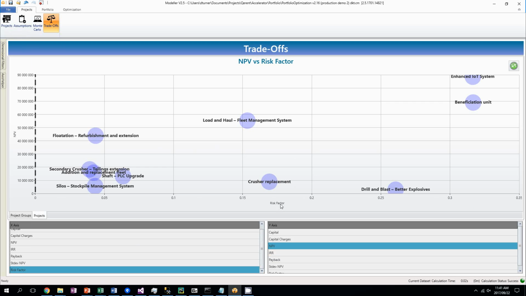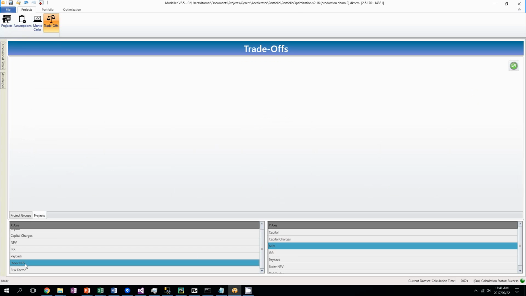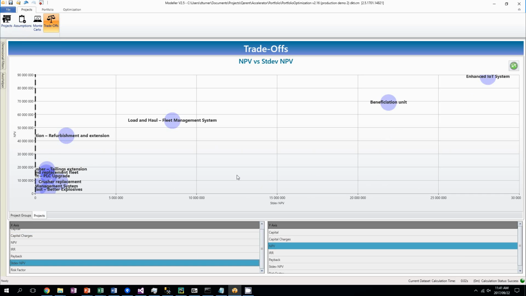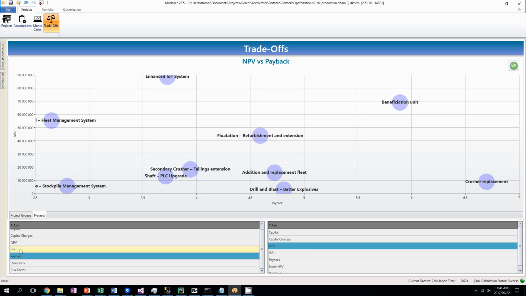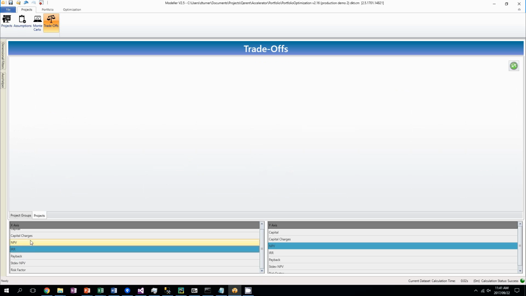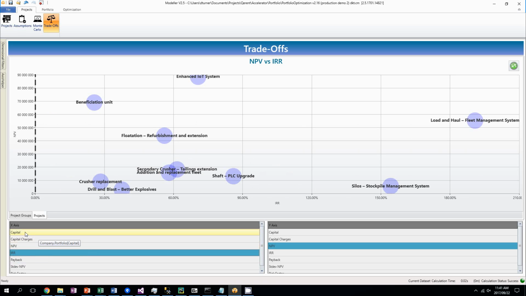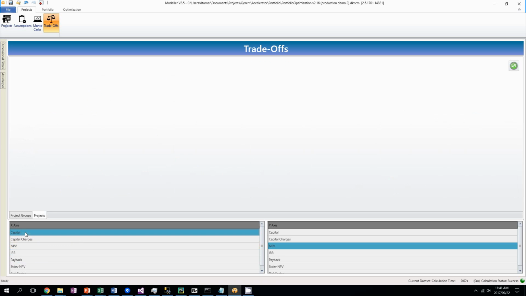In this case we're looking at a risk factor, which is the relative downside risk, the P95 downside. One could also measure against the standard deviation of NPV, the payback period, the IRR, the amount of capital involved in that project.